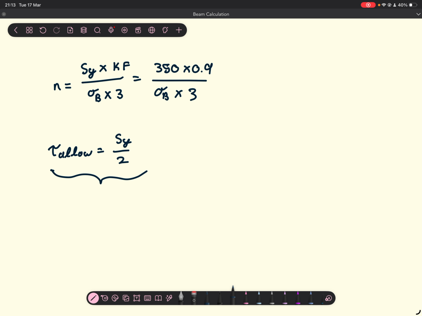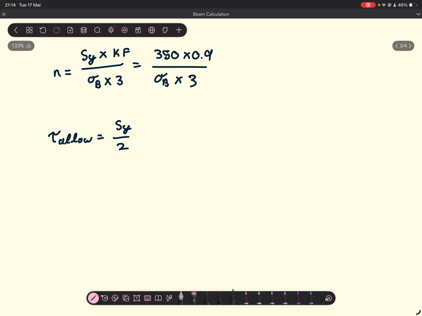That's the mechanism for yielding. So we're saying that our stress for yielding, our tau allowable, is equal to half of the yield strength. So we won't even be able to apply enough shear force to get to the actual yield strength. It will yield at half of that. So the material will fail twice as quickly compared to if it were just in bending, if that makes sense. Hope that explanation makes sense.